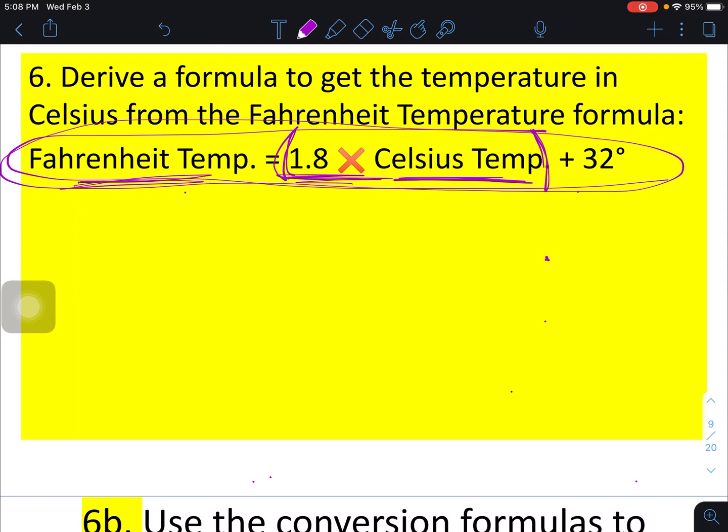If you want to go the other way, from Fahrenheit to degrees Celsius, you're basically doing just the opposite. You have degrees Fahrenheit, and you subtract 32, and then you divide that by 1.8.